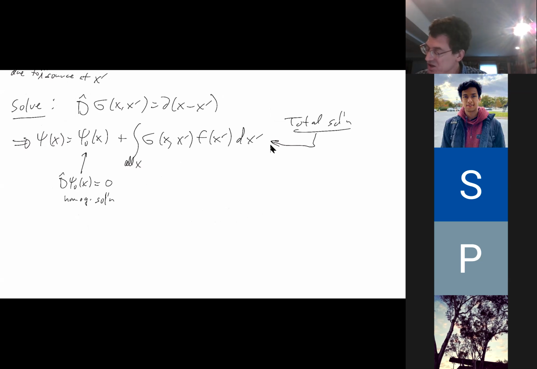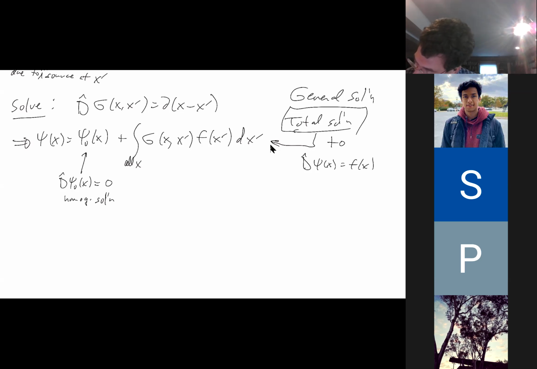Okay, so that's the total solution, the general solution to the differential equation, which is, remember, D psi of x equals f of x. And so now let's just check that it's a solution.